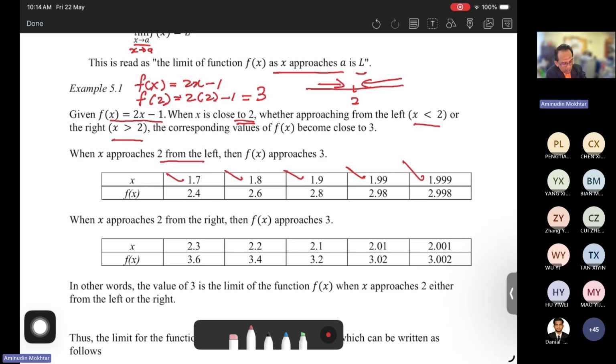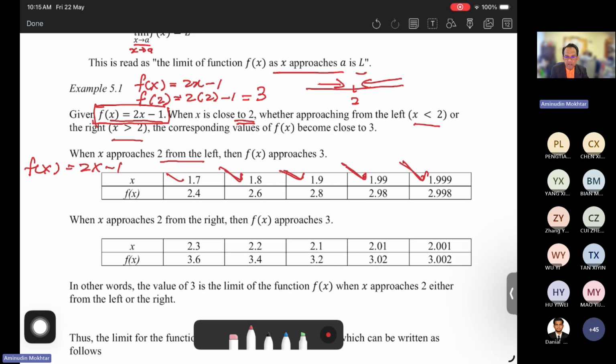So how do we find the value of y? I just substitute x equals 1.7 into the equation f(x) equals 2x minus 1. When x equals 1.7, y equals 2.4. When x equals 1.8, y equals 2.6. When x equals 1.9, y equals 2.8. When x equals 1.999, y equals 2.998.